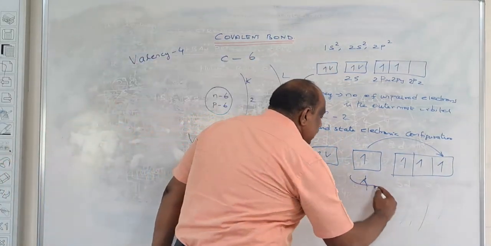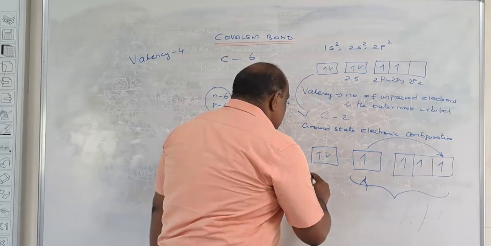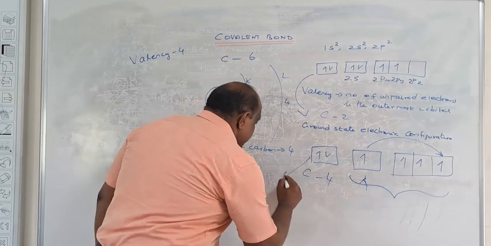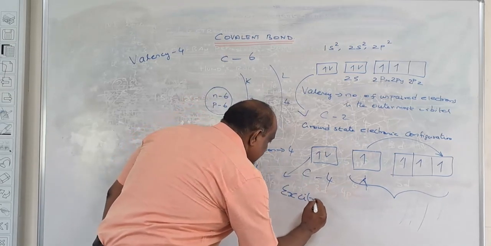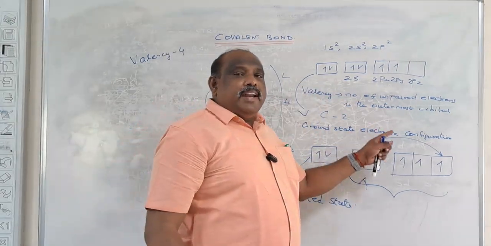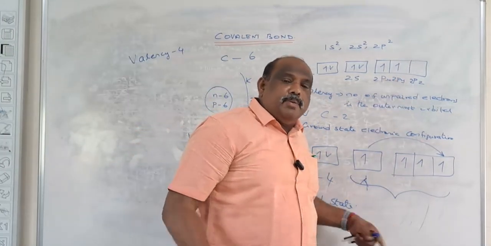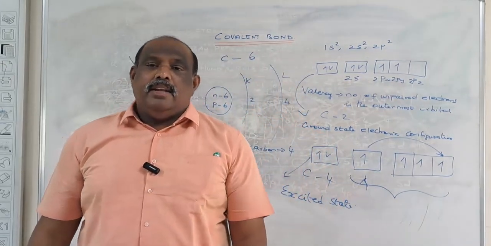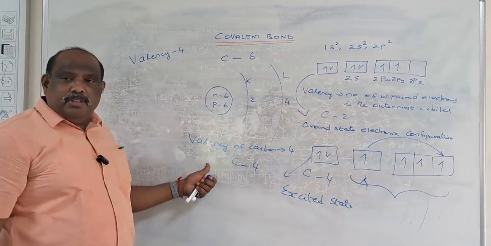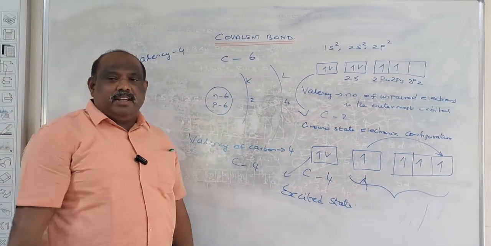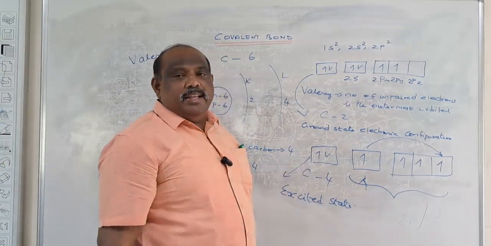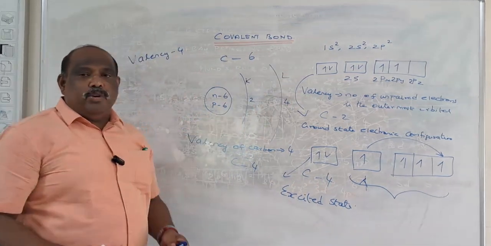Now how many unpaired electrons are there? 4. So the valency of carbon is 4. This state is called the excited state, and the earlier one is the ground state. When it is not reacting, it is in the ground state; when it reacts with other elements, it becomes excited. Let us not go deeper still. We want to take it further, but I will cover that in the next session, otherwise we can't cover this covalent bond.